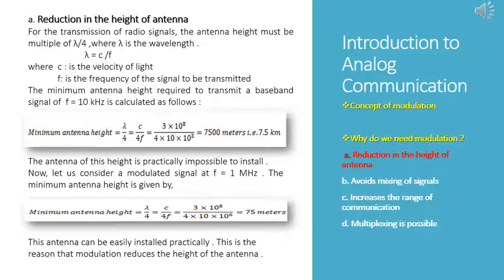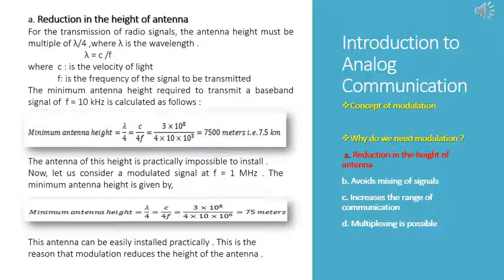Okay, let's start our next topic: why do we need modulation? As you can see, we have several reasons why modulation is required. The first and most important reason is the reduction in the height of the antenna.